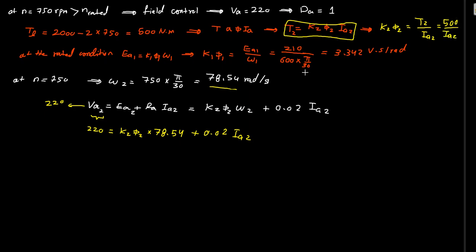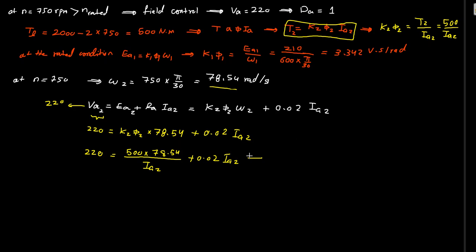If we plug this relation here, we will get 220 will equal to 500 multiplied by 78.54 over IA2 plus 0.02 IA2.